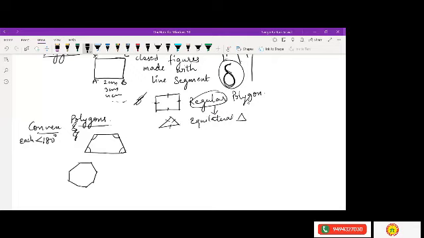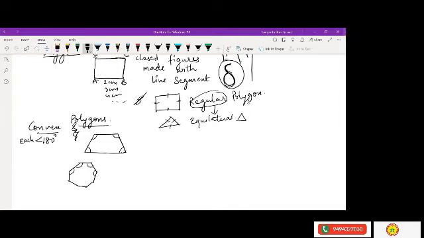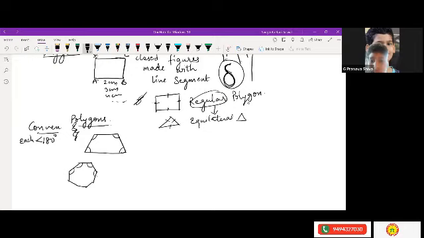Any figure whose angles are less than 180 degrees is a convex polygon.